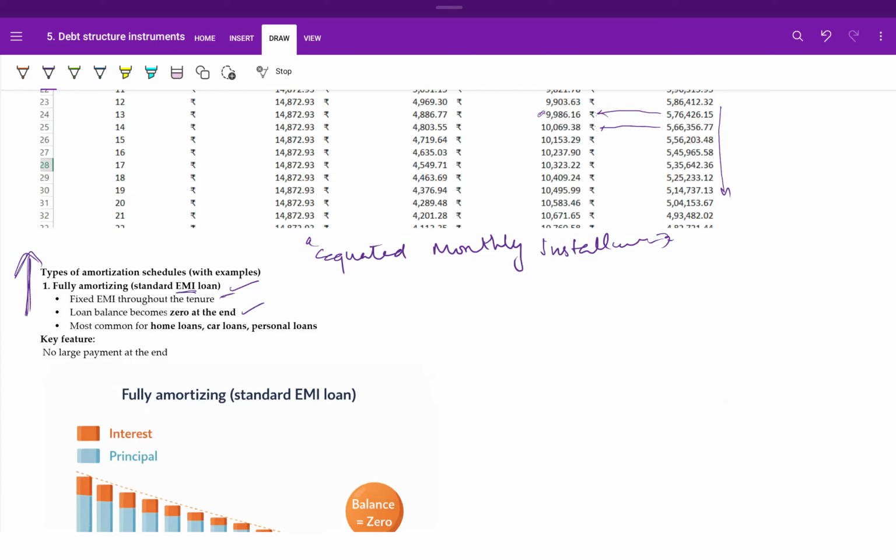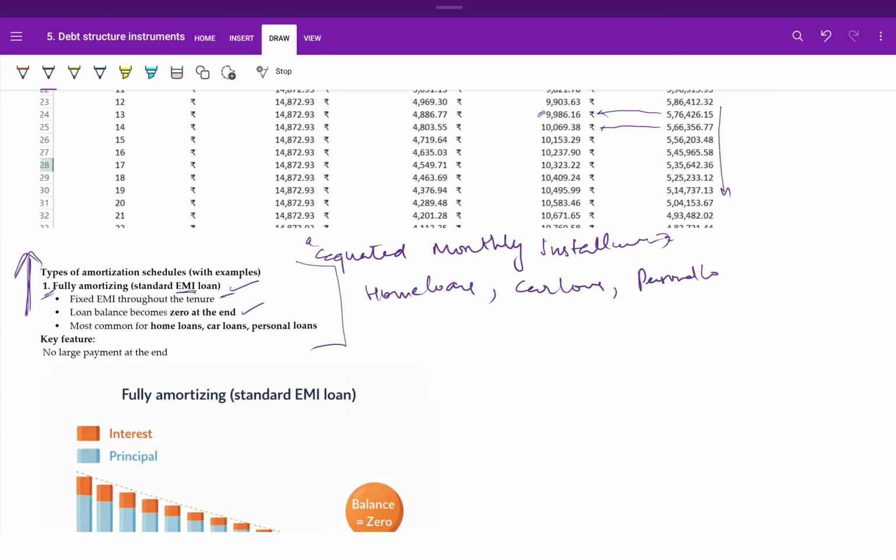So let's get back to the fully amortizing or standard EMI loans. The balance becomes zero at the end of the term. The key feature is that there is no large payment at the end of the tenure, and this kind of amortization is usually used in home loans, car loans, and personal loans.